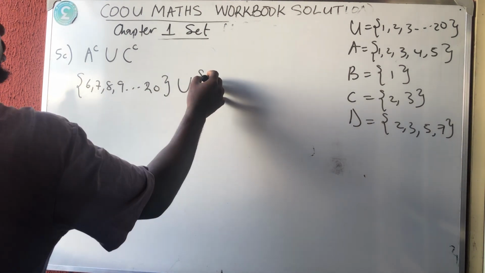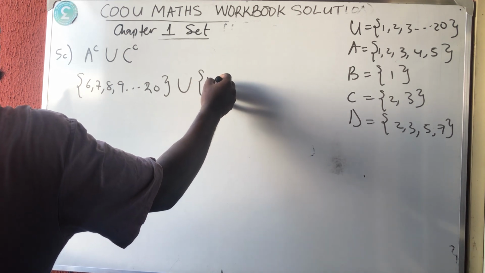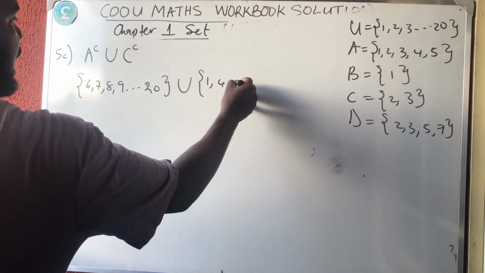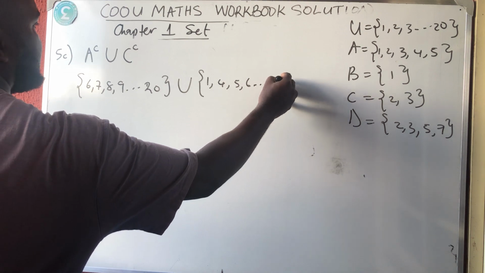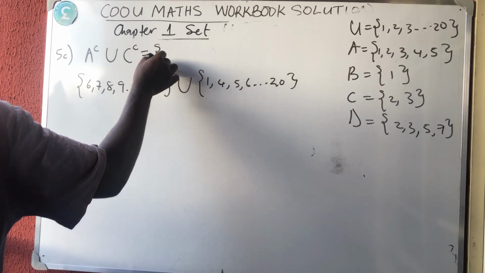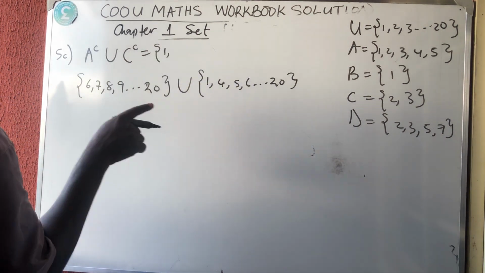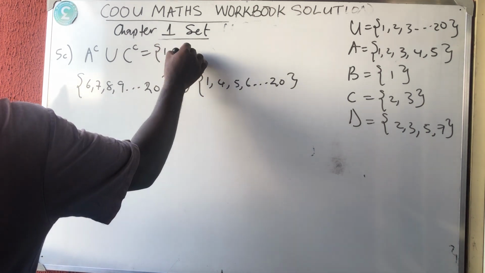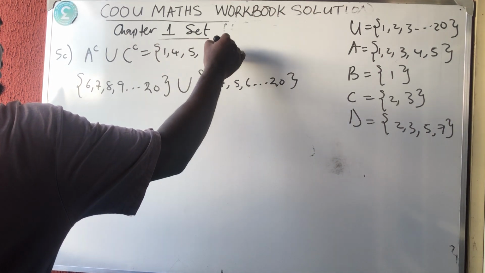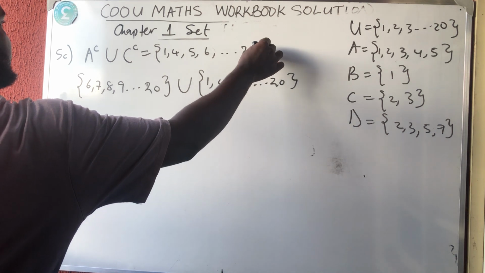C complement is 1, 4, 5, 6 till 20. So the answer should be what? The union means bring them together. 1, 4, 5, 6 up to 20.